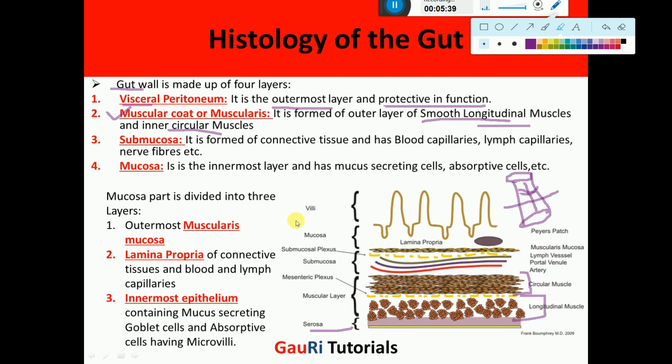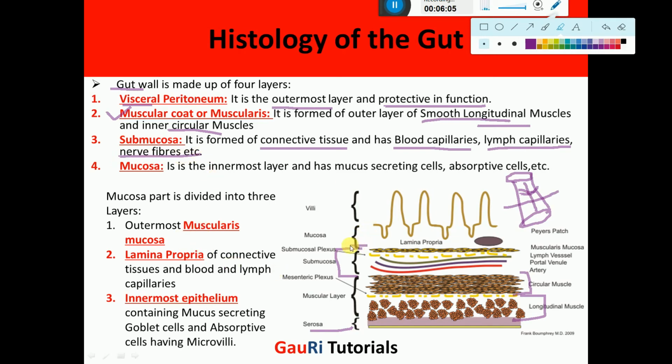Then is the submucosa. This region, you can see here, is called submucosa. It is formed of connective tissue, and it has blood capillaries, lymph capillaries, which we will study under the circulatory system, and there are nerve fibers also. Then last is the mucosa.